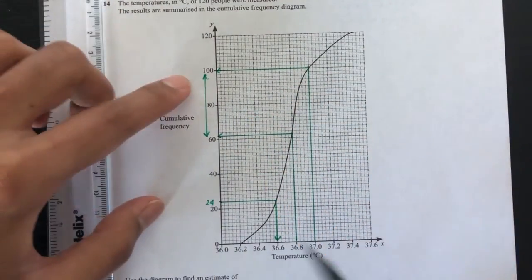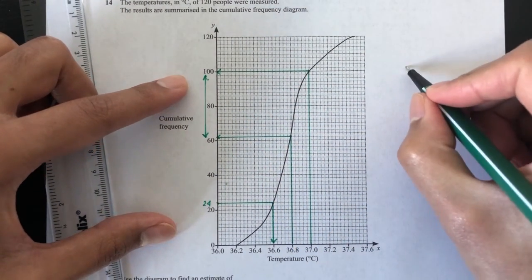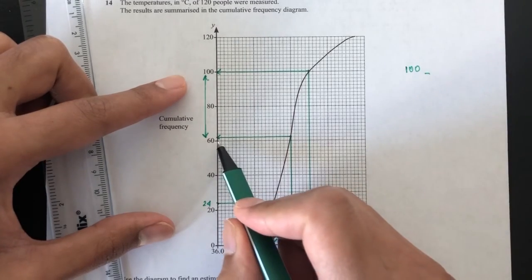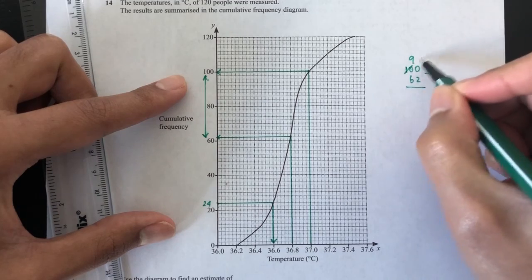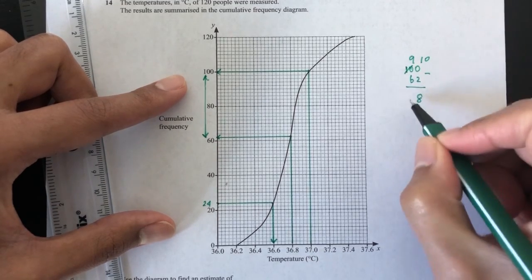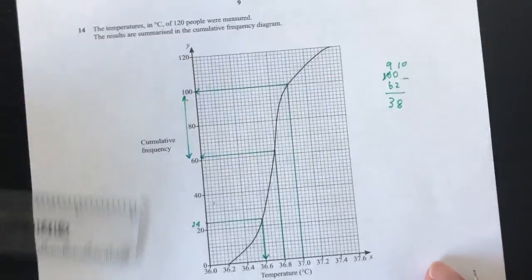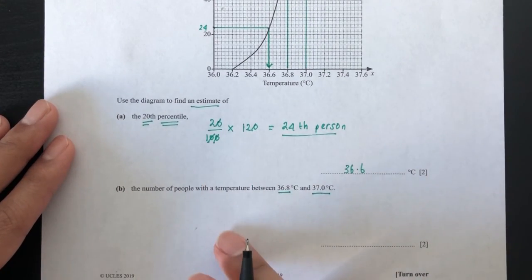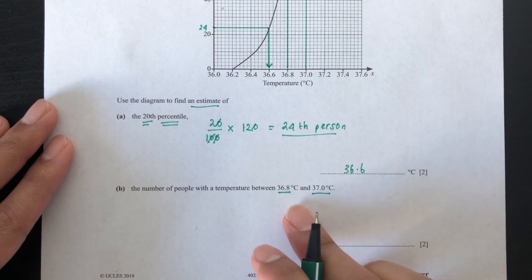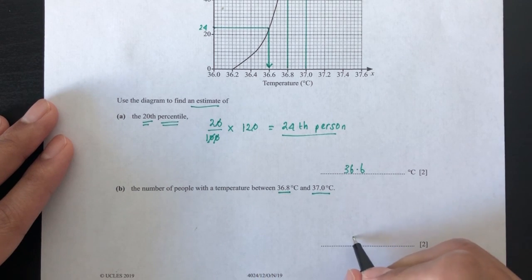Okay, so this is 100. So 100 minus this will be 62. So we have 38. So my answer for the estimate of the number of people with temperature between 36.8 and 37 is 38.